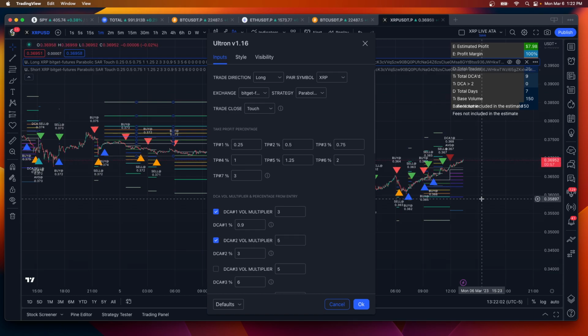So you do 0.369 minus 0.0009, right? If the price in a short got to 0.3681, that's going to be our first take profit.